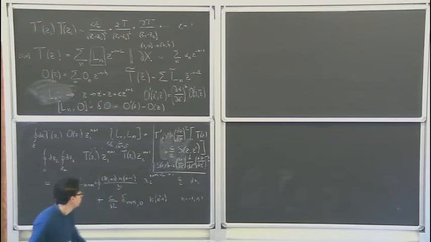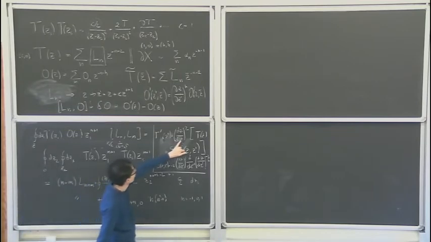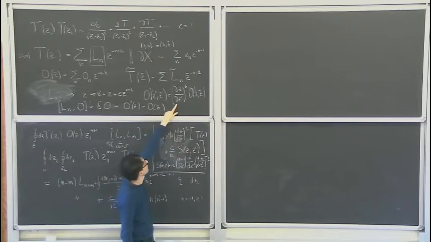There is a term which looks exactly like the transformation of a primary operator of dimension 2. This is the term you would expect. It's exactly like this with h equal 2.